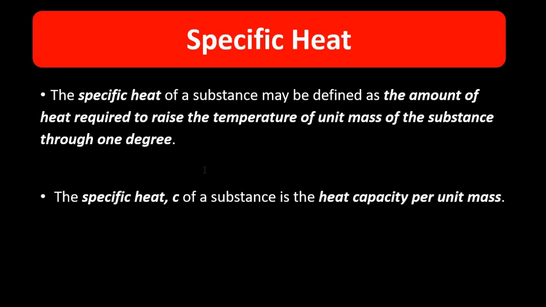So what is unit mass? That is 1 gram or 1 kg. Per gram, per kg, how much heat is required to raise the temperature by 1 degree Celsius or 1 degree Kelvin, depending upon which units you are using, whether it is CGS or SI.